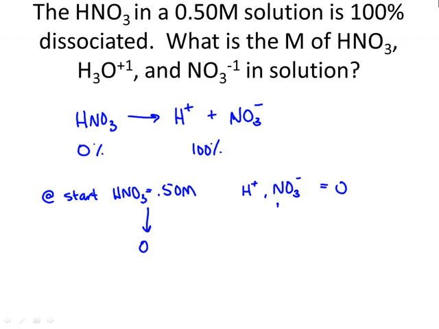But after we make this a solution, it said 100% dissociated. So that means all of the 0.50 molar solution of HNO3 made products. And if I started with 0.50 molar over here, then for every 0.5 molar of that, I have 1 H and 1 NO3. So I have 0.50 molar H+, and I have 0.50 molar nitrate ion.